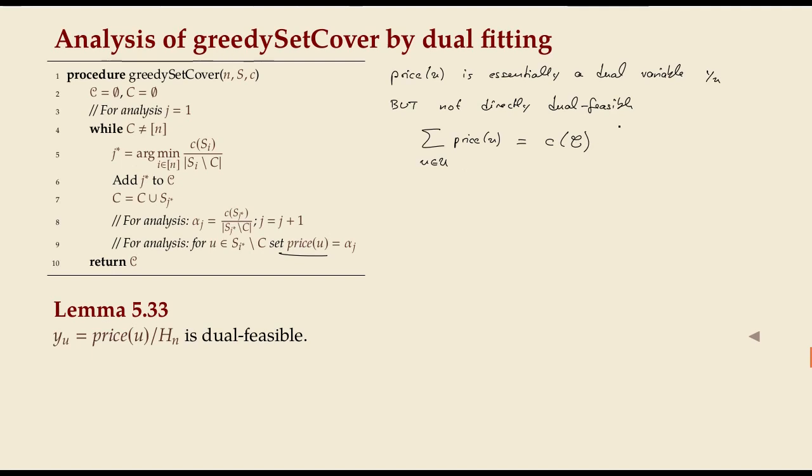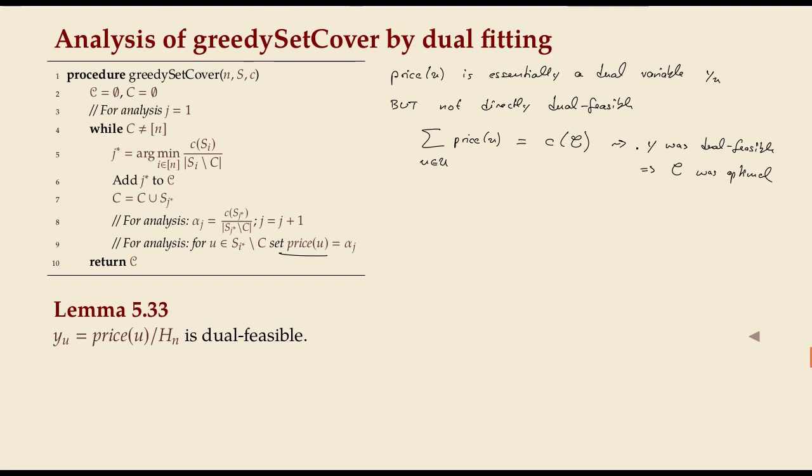And we know that this is the objective of the primal. So if y was dual feasible, then our C was optimal, right? And that would be great, because then we would have solved to optimality an NP-complete problem. So maybe this is not the point.